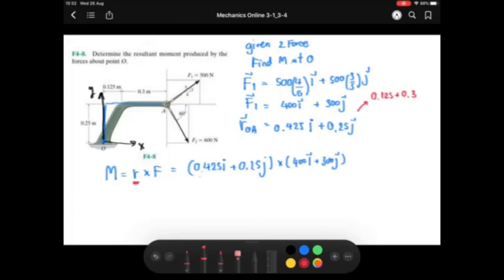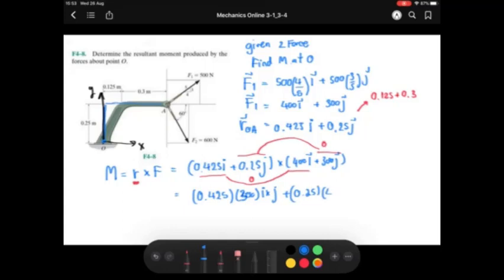Because it is a cross product, i cross i becomes zero, and also j cross j becomes zero. So you will have 0.325 multiplied with 300, i cross j, plus 0.25 multiplied with 400, j cross i.